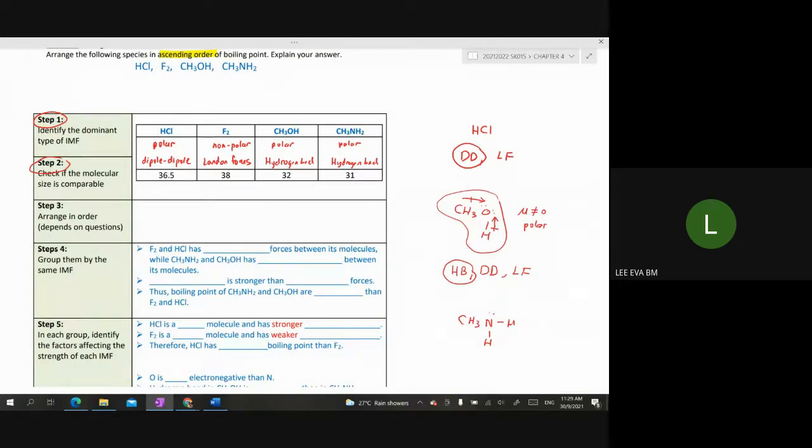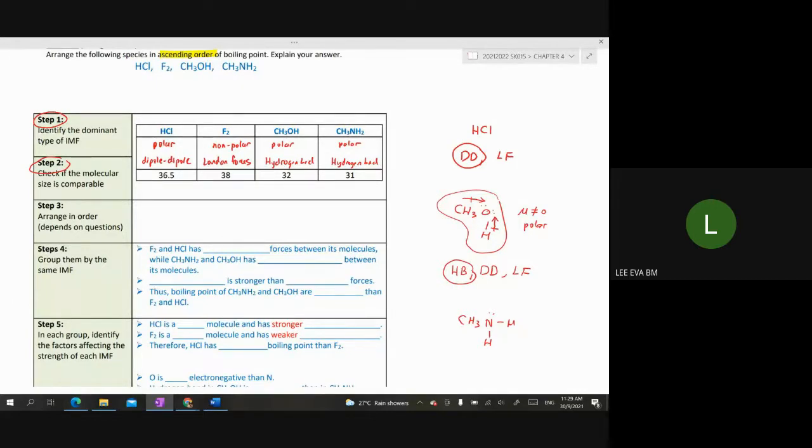Dia tak ada beza banyak sangat. Bila Madam cakap beza, dia kena lebih daripada 40%. So if let's say you have 36.5 and the next molecule has about 78 or 80, that is different. But if the range is around there, we will consider them similar, similar size, similar mass.